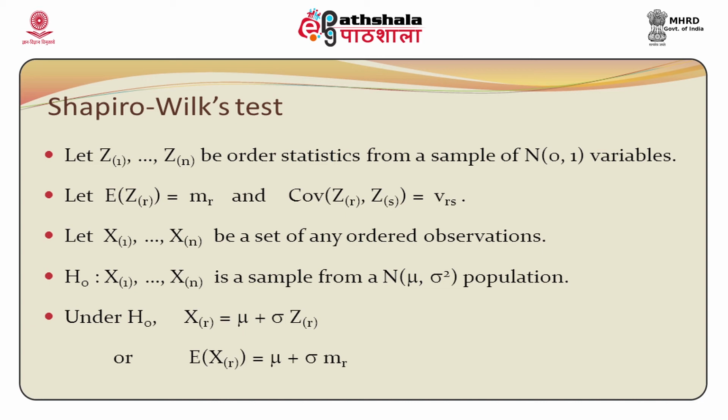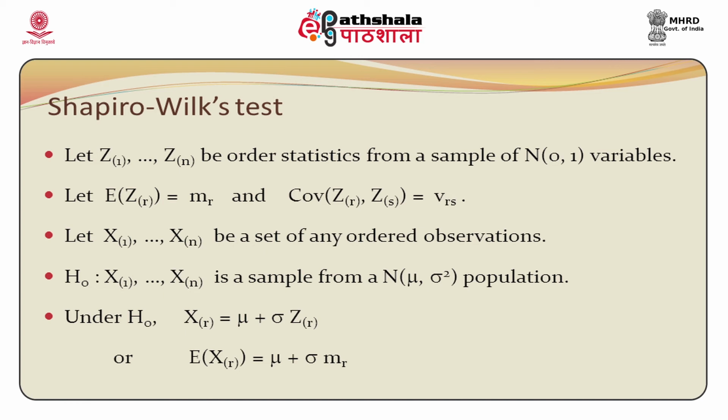So, that will be equal to Z_r, and hence we can write this x_r is equal to mu plus sigma Z_r, or the expected value of x_r is equal to mu plus sigma m_r, m_r being the expected value of Z_r.